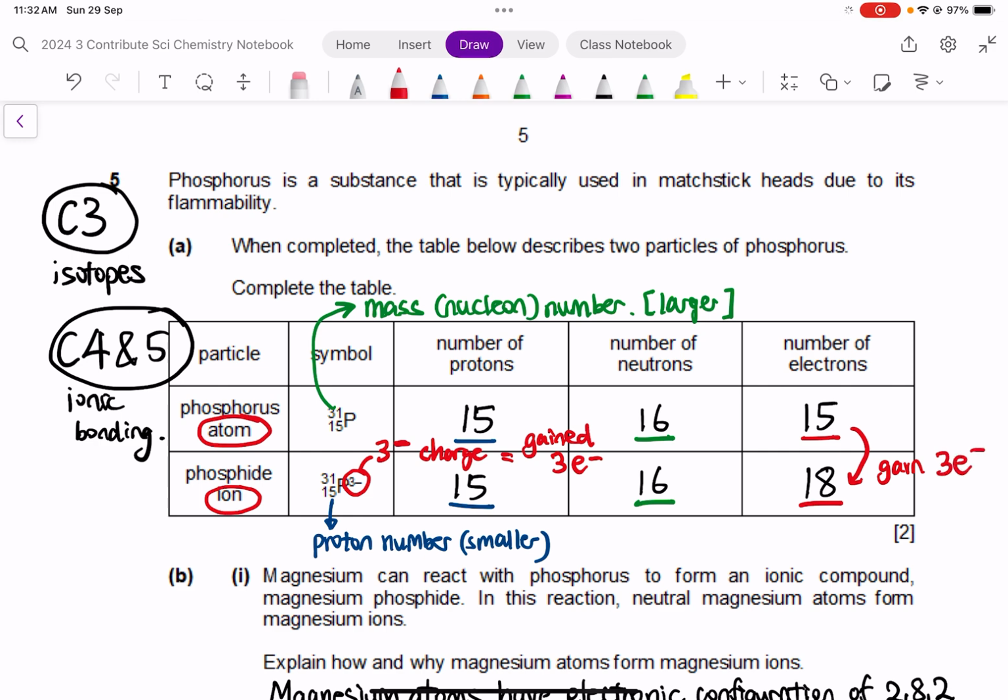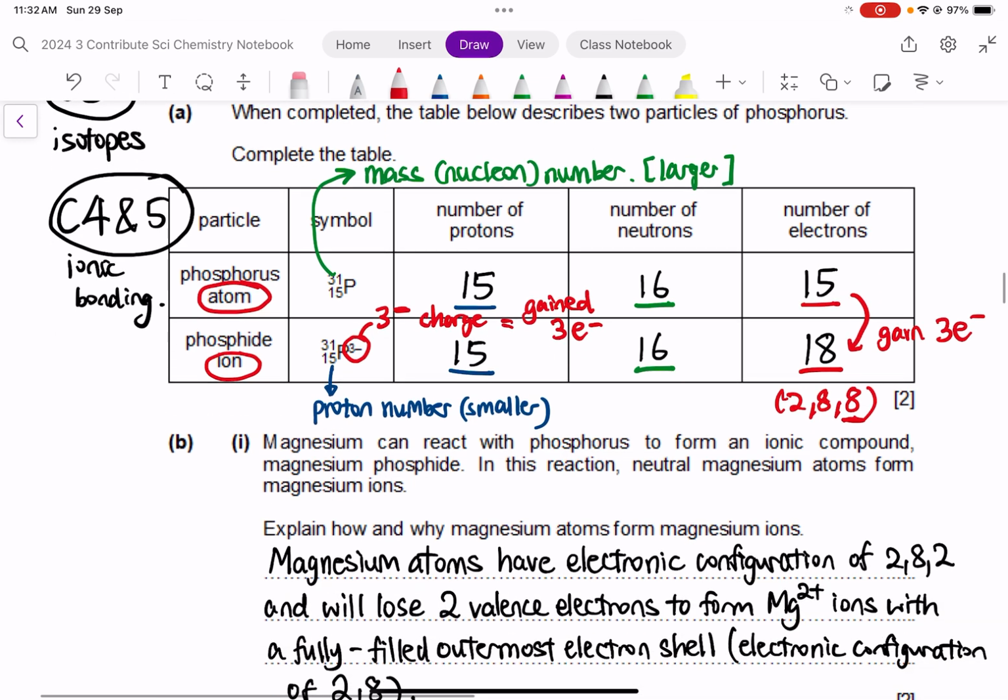Okay, which makes sense because 18 electrons works out to 2, 8, 8 in terms of electronic configuration. So the outer shell is fully filled when you gain the 3 electrons. So that's 5A. If you are lost about 5A, please go back to the chapter 3 revision video on atomic structure.